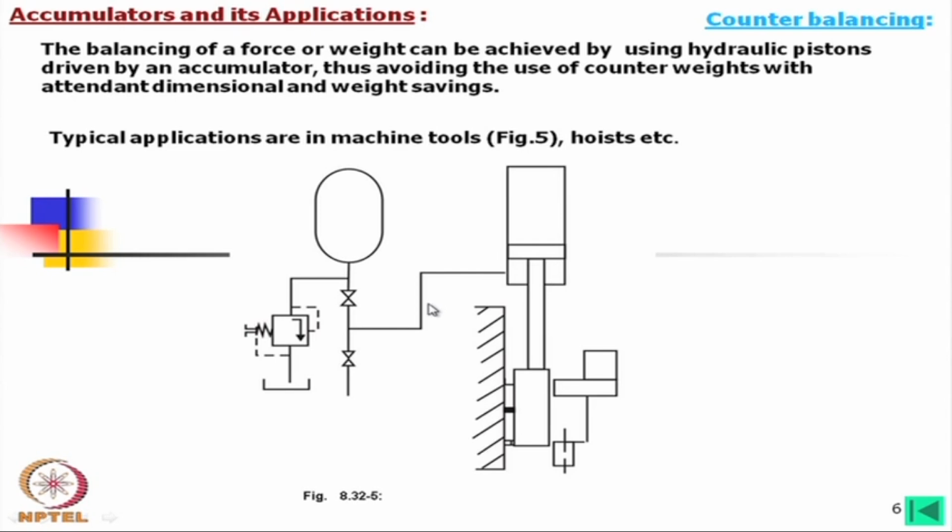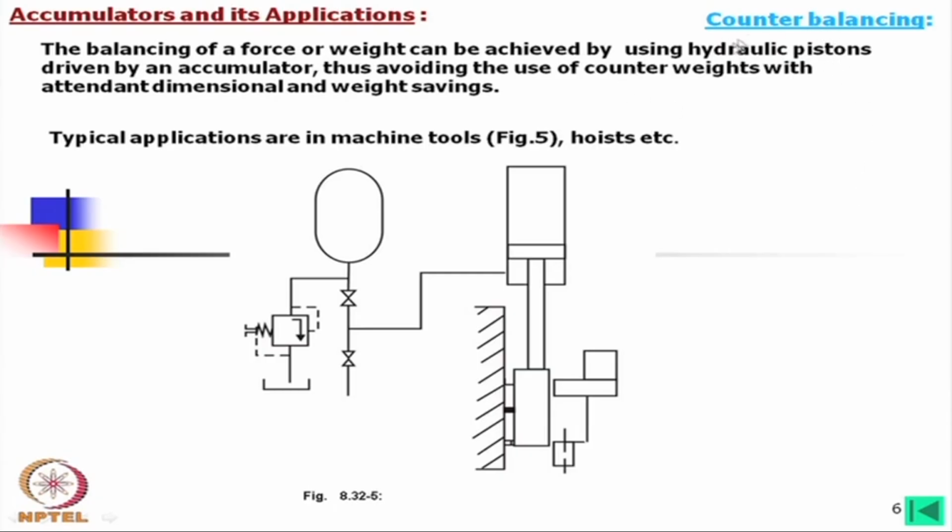Then how does it operate? We can run the pump, but when the pump is not running, this oil will prevent the load from falling. In many cases you will find, in machine tools, particularly, say, let us consider a drill head, it is coming down.